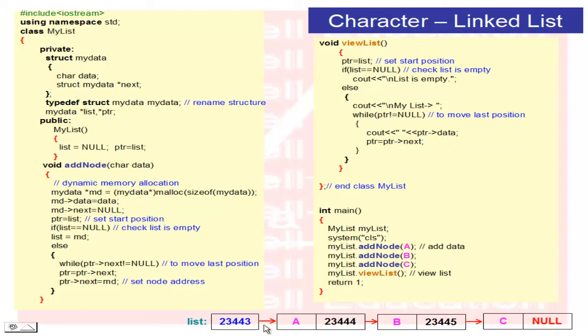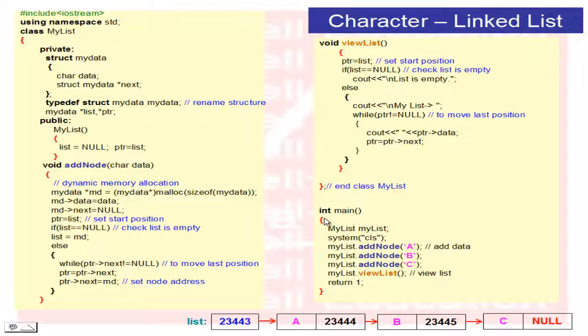Means if the ptr value is 23443, then ptr of next is 23444, like this. Okay, so this is the viewList part.